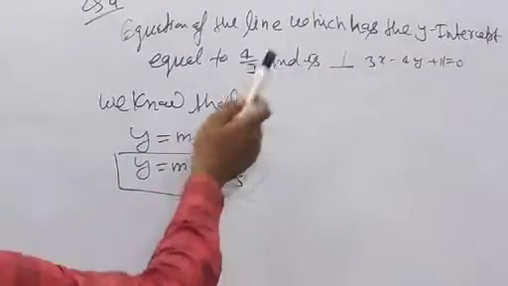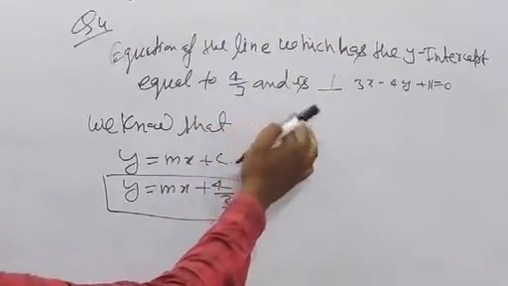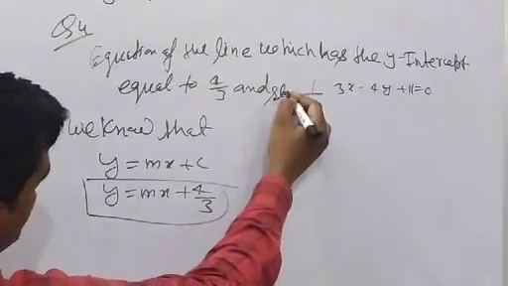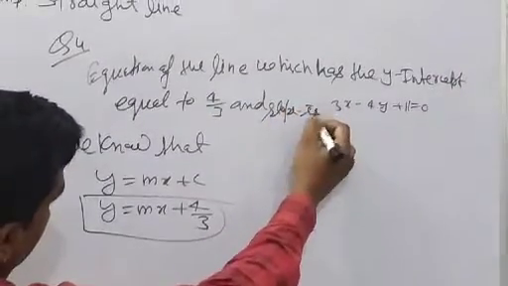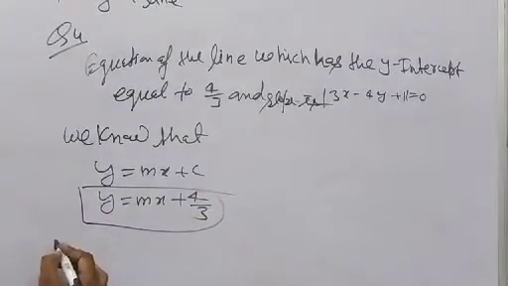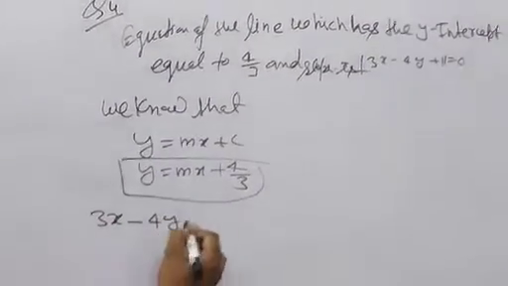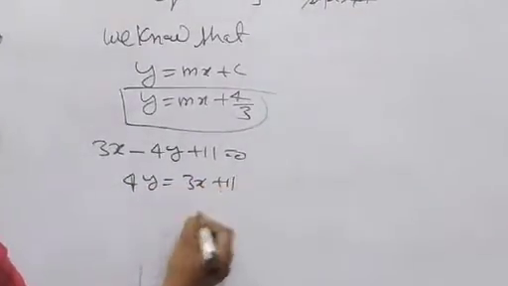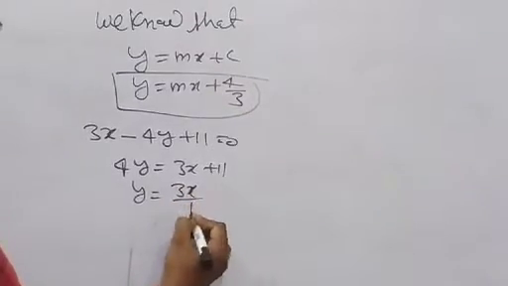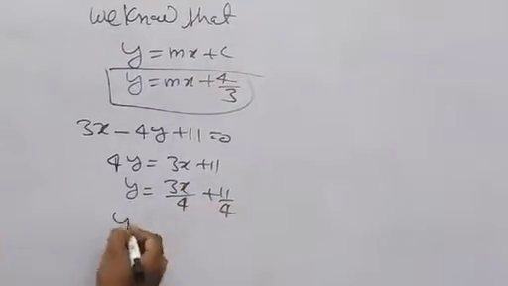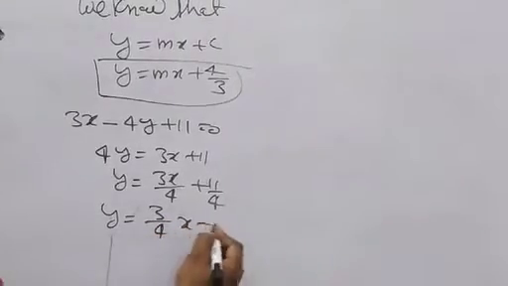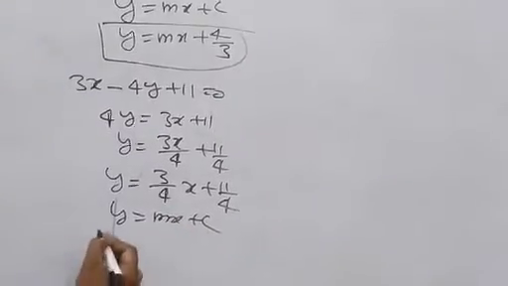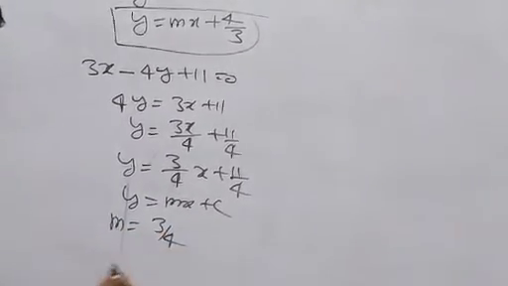The slope is perpendicular to the line 3x minus 4y plus 11 is equal to 0. So 4y is equal to 3x plus 11, y is equal to 3x by 4 plus 11 by 4. y is equal to 3 by 4 x plus 11 by 4. y is equal to mx plus c, so m is equal to 3 by 4.